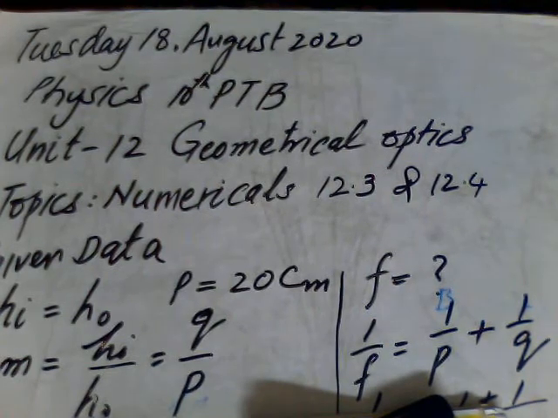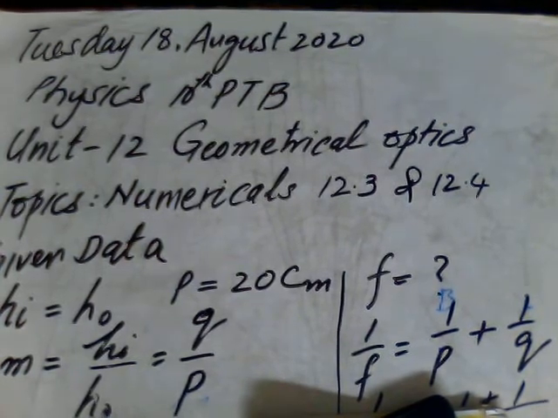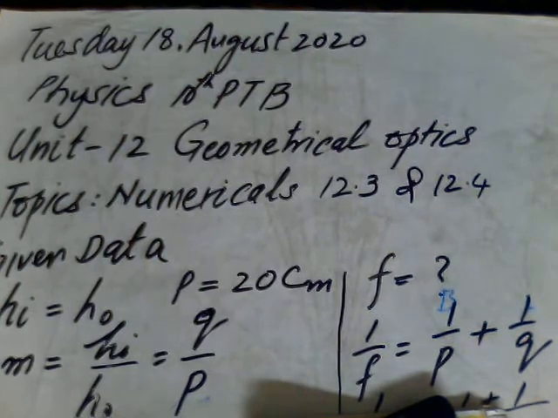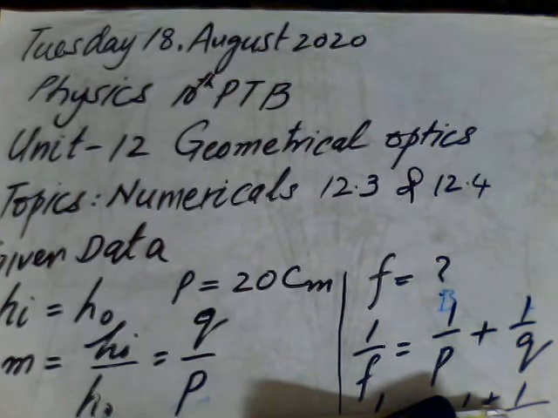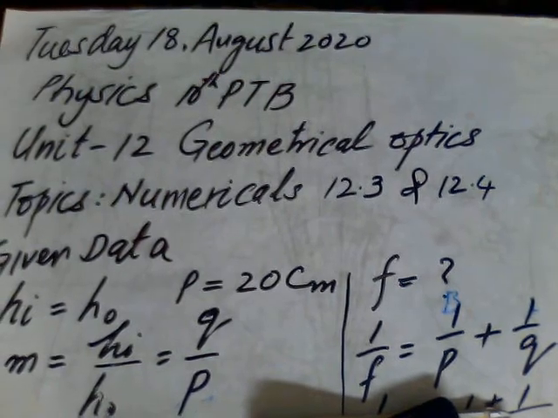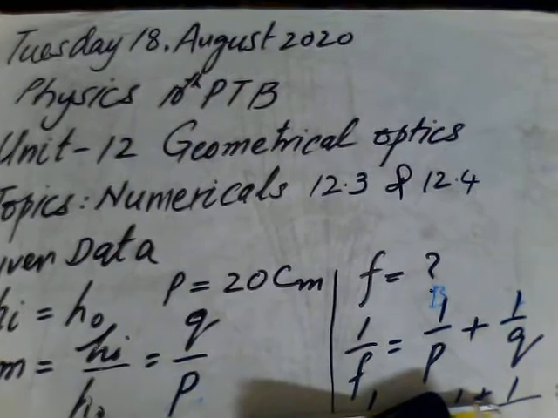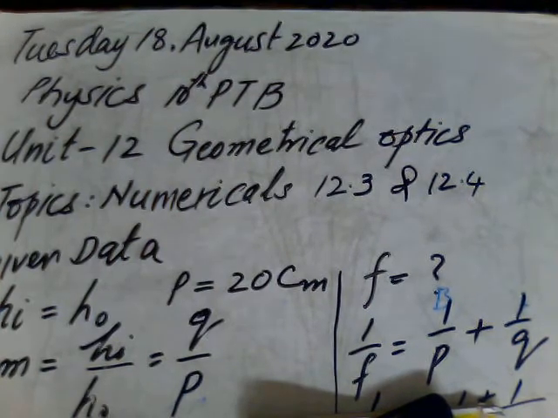According to that reduced syllabus, only a few topics and a few numericals are mentioned, and we will learn only those. Yesterday we solved 12.1 and 12.2, and today 12.3 and 12.4.